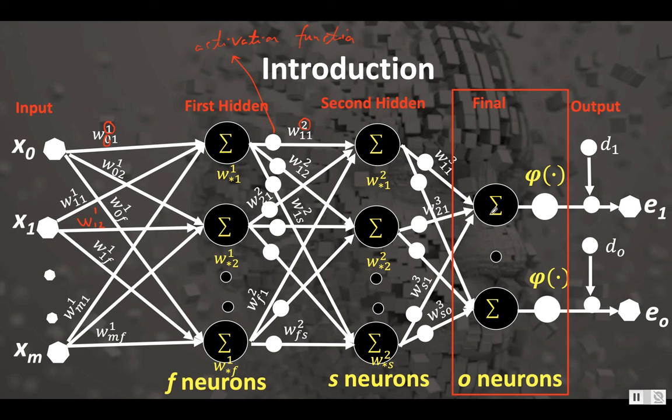Okay, let's stop at the final layer. Here we have O neurons. For each neuron's output, we go through the activation function, phi. So therefore, we have the O outputs. Each output is compared with the desired response, where D is the desired response.